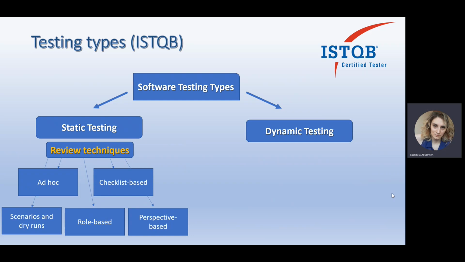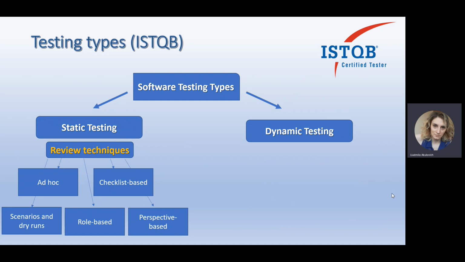Moreover, ISTQB provides you with information about review techniques. Maybe you remember that in the previous videos we discussed ad hoc testing as a separate type according to formalization level. If you're going to pass the ISTQB certification, forget about it.